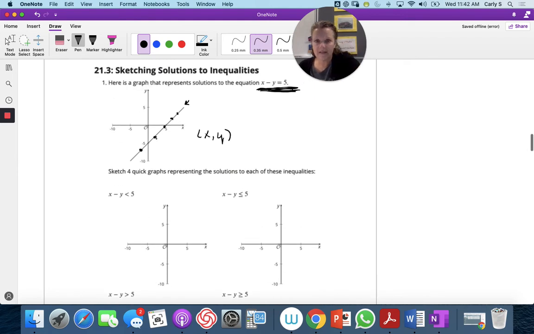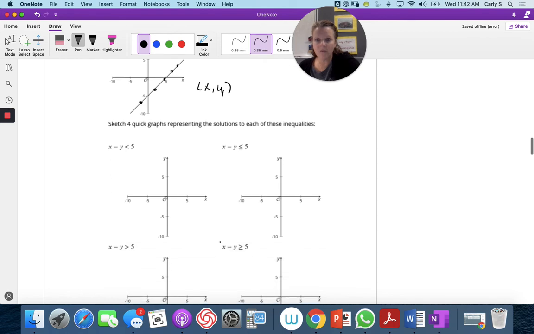All right, so here, if you see, I've got four inequalities, with all the very same foundation of x minus y equals 5. So I can actually draw this line 4 times.